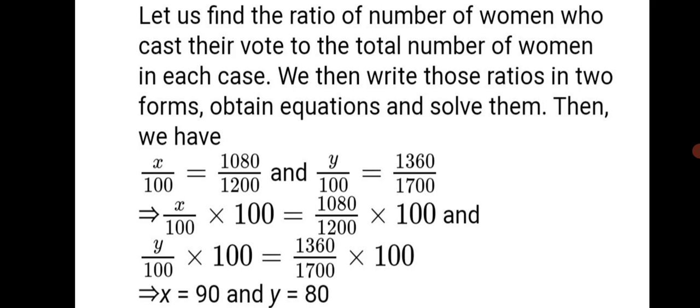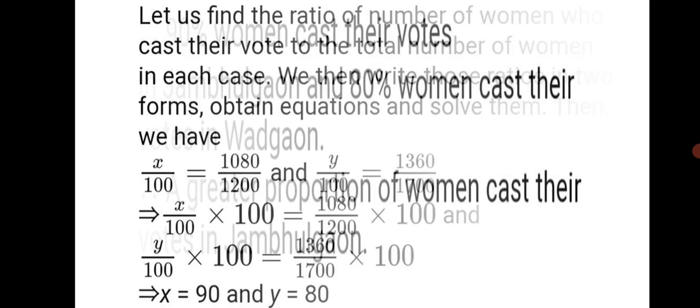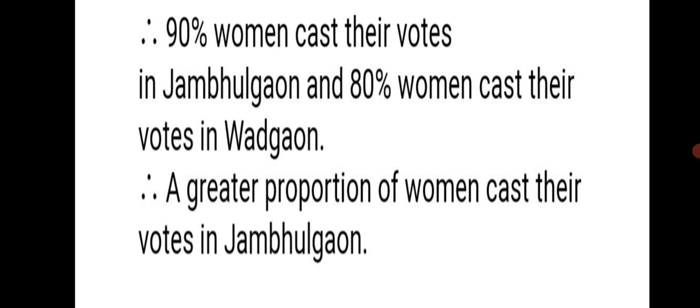We will eliminate 100 for the equation which is with x. So multiplying by 100 on both the sides for x and even multiplying both the sides by 100 for y. We get x is equal to 90 and y is equal to 80. So that's our answer. 90% women cast their votes in Jambulgaon and 80% women cast their votes in Vadgaon.